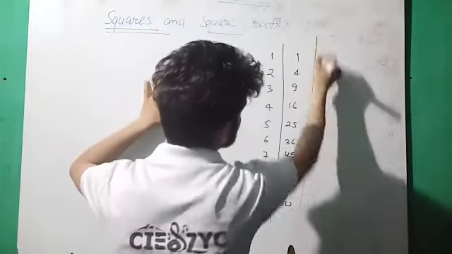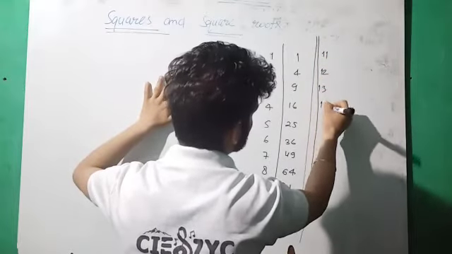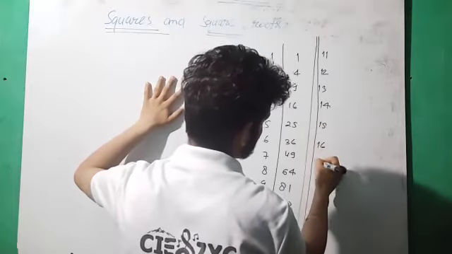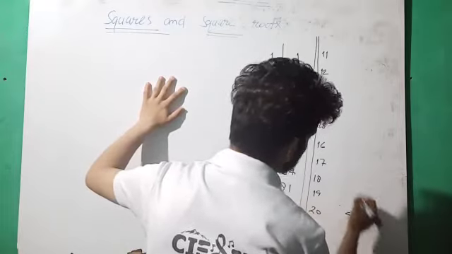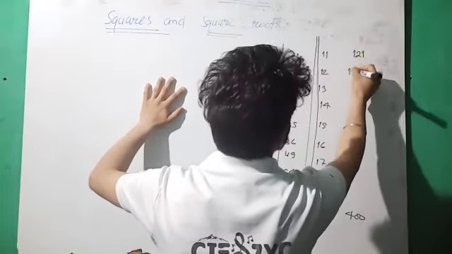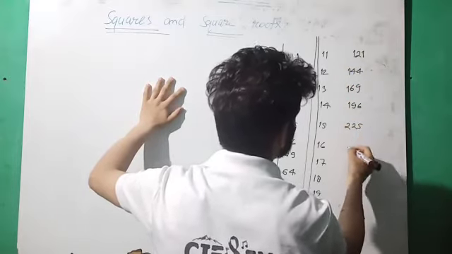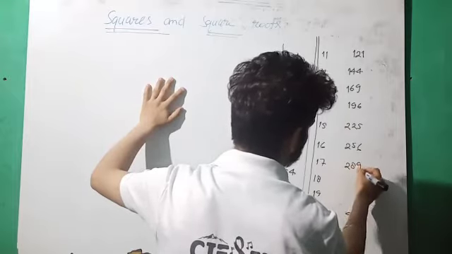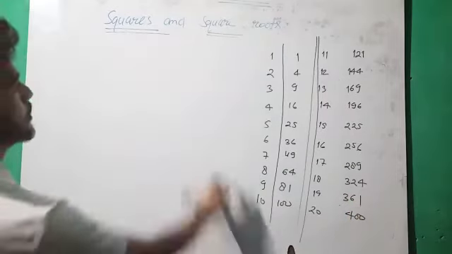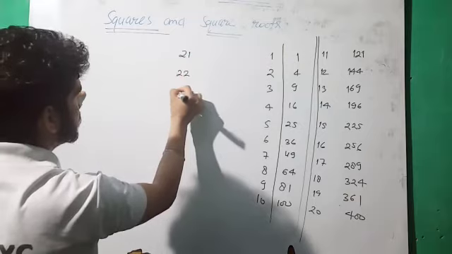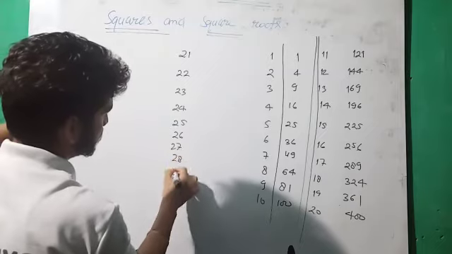Then the squares of 11 to 20: 121, 144, 169, 196, 225, 256, 289, 324, 361, 400. Then 21, 22, 23, 24, 25, 26, 27, 28, 29, 30.